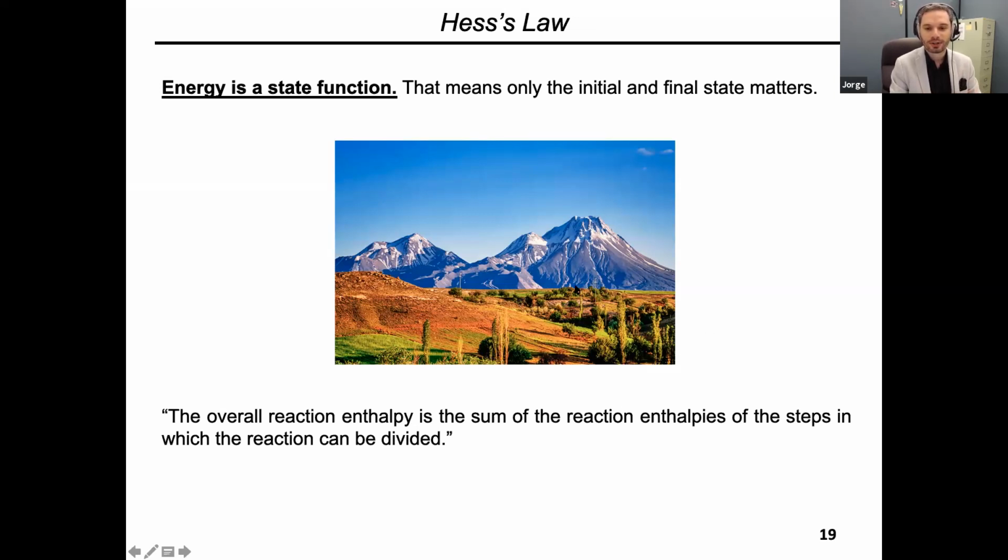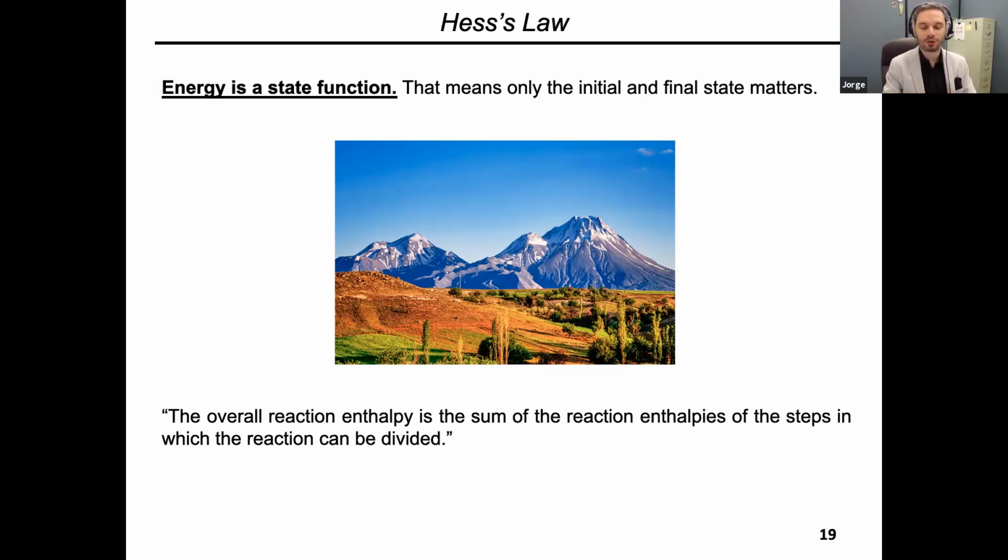If we start from the base of this mountain here and we want to go all the way to the top, you can start from this point and go in a straight line and get to the top, or you can start here, go in diagonal all the way here, go here, here, or there. You are also going to achieve the top of the mountain.